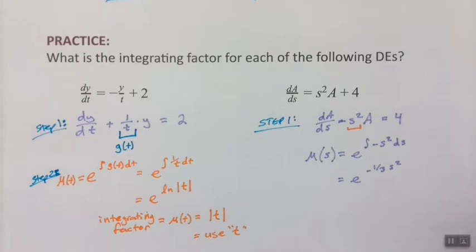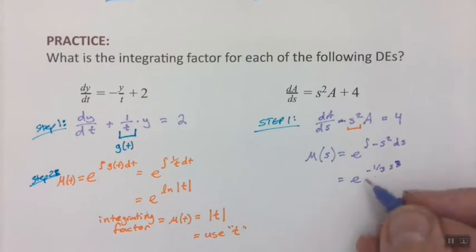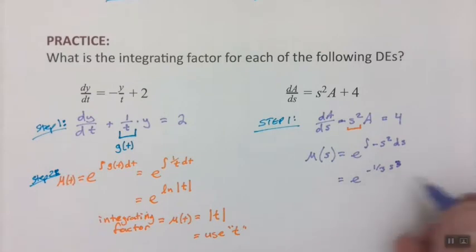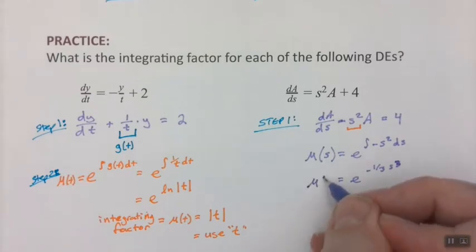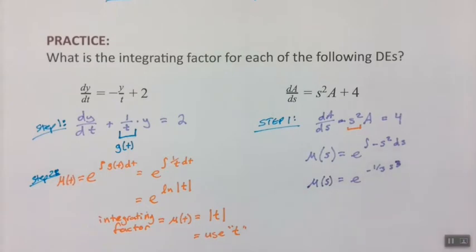Sorry, it's already s squared, so it's s cubed. Duh, I'm looking at it. And so after I do the exponentiation, there are no operators that I can cancel here. So that's my integrating factor, and that's what I would multiply through.